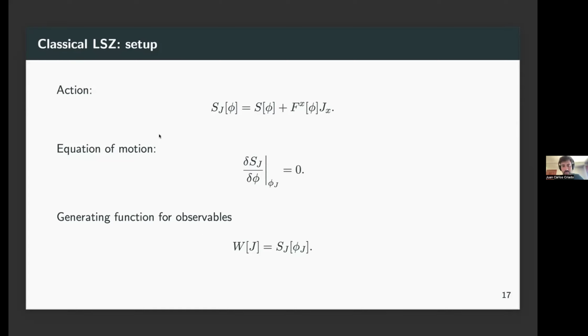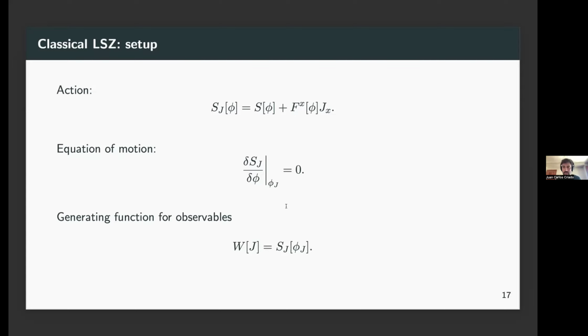So the setup is what I've written already, the action with a source on the equation of motion. And apart from the picture in which J is the only way to act on the field, you can also think about it being the measurement apparatus. So it's the only way that you have to measure the field itself. Then the only things that you can measure, so J is like, I don't know, the needles or the numbers in the measurement apparatus.